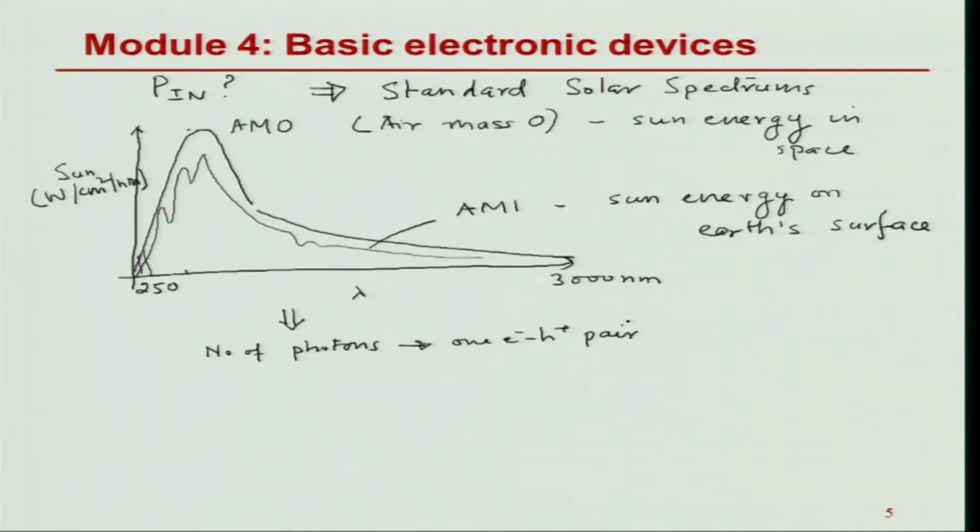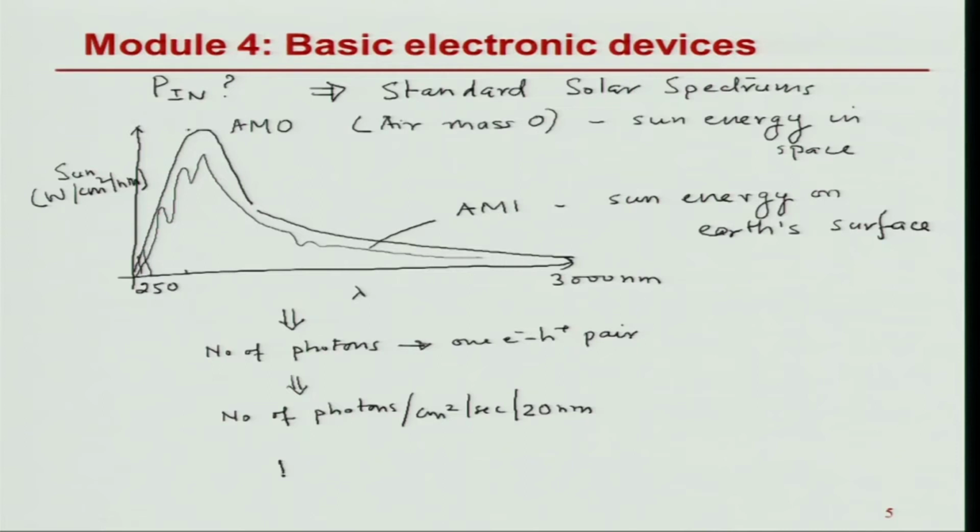So then it allows you to think in terms of the number of electron hole pairs generated, and that is an exercise that helps in further analysis. So one can change that into the number of photons coming per centimeter square per second within a wavelength region, and normally it is taken to be wider, something like 20 nanometer. So I know the total number of photons arriving at the surface where I am doing the testing.